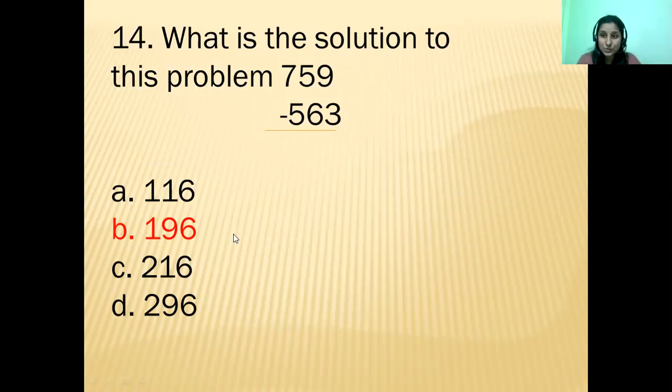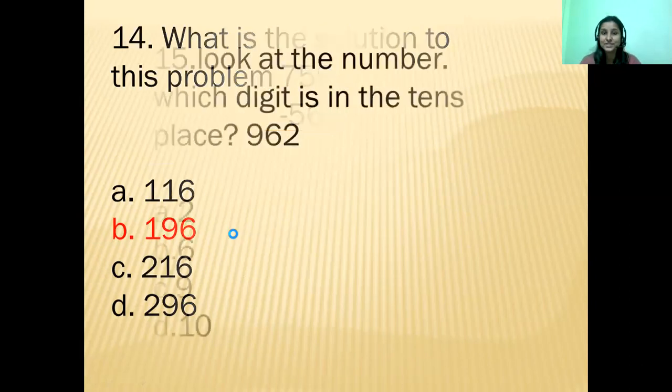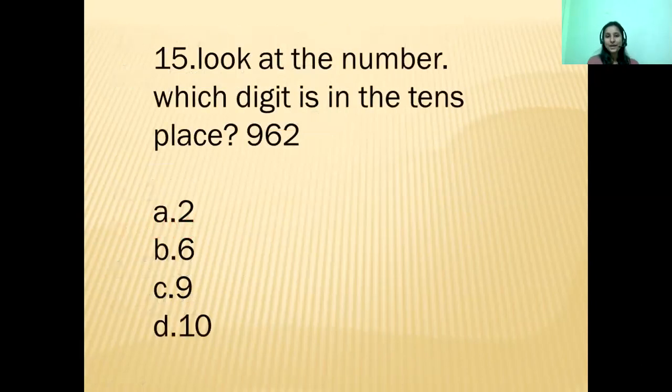And the last question from this quiz is here. Look at the number. Which digit is in the tens place? In number 962, we have to identify the tens place. Which number is sitting on the tens place? Option A, 2.